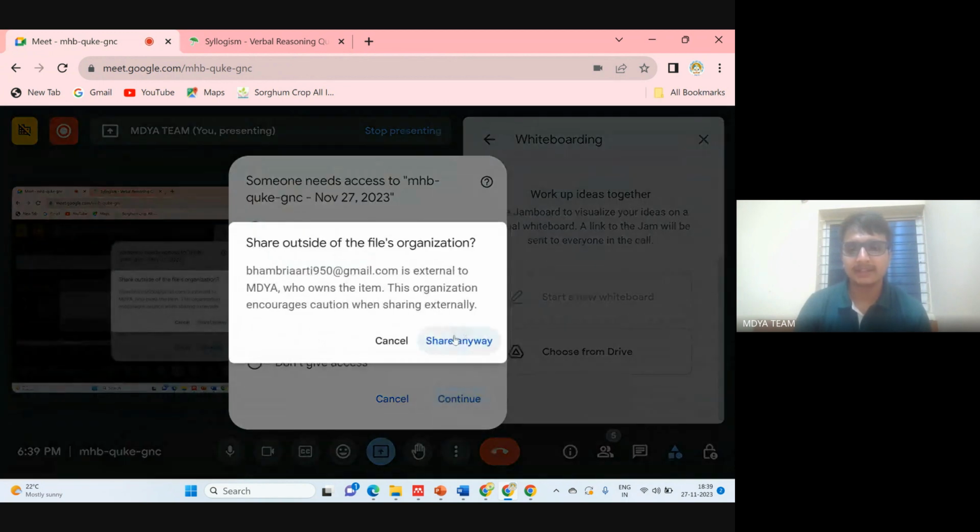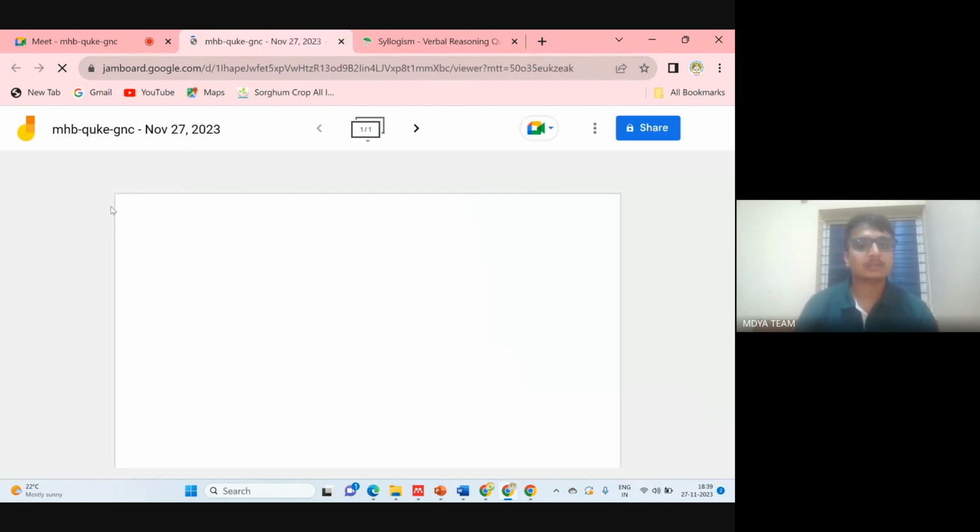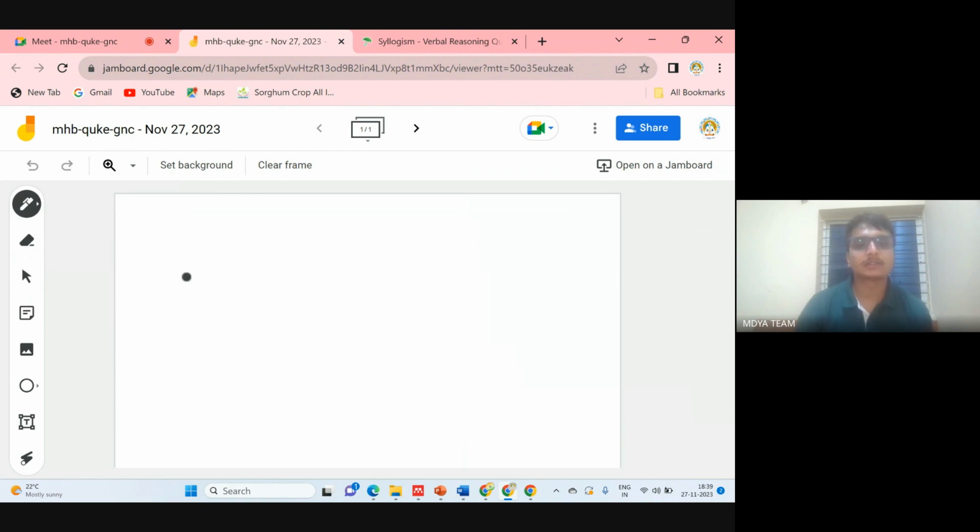Right now I'm explaining why Venn diagram and how you should use it in different types of questions. If you have to check validity, validity means whether a statement is valid or not.